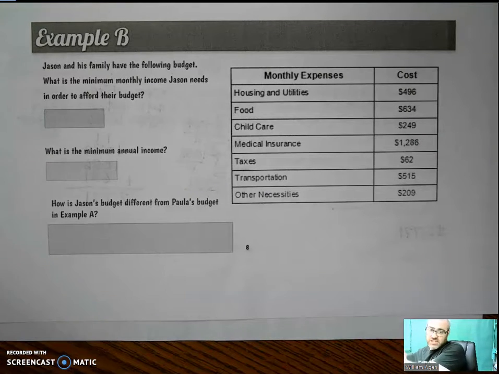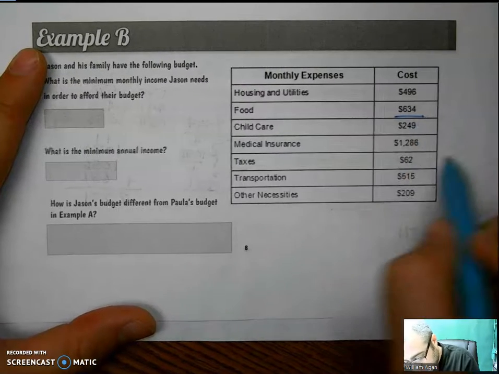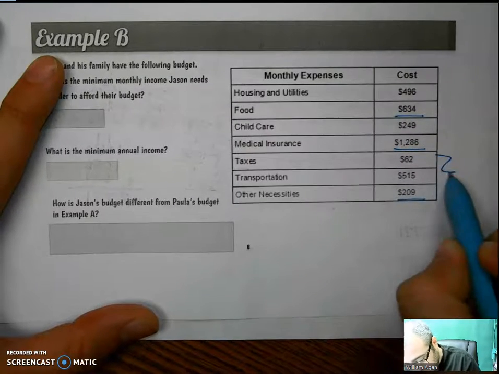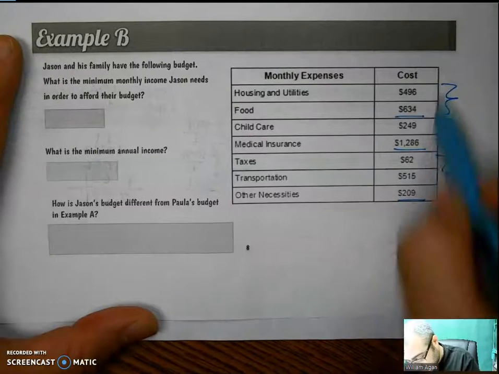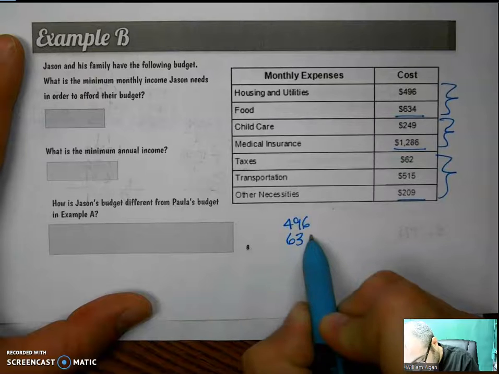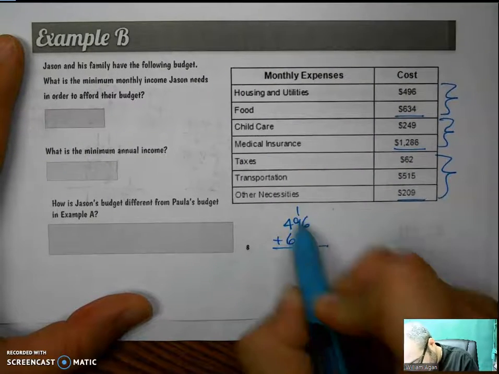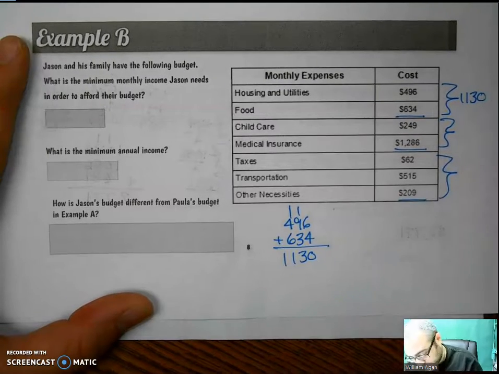So this is the exact same type of question, and we do the exact same thing. So I'm going to group them. I have these 2 numbers I'm going to add up together, these 2, and then, okay, I have 3 here, so I'm going to add those 3 together. Okay, so first I have 496 plus... That gives me 1,130.